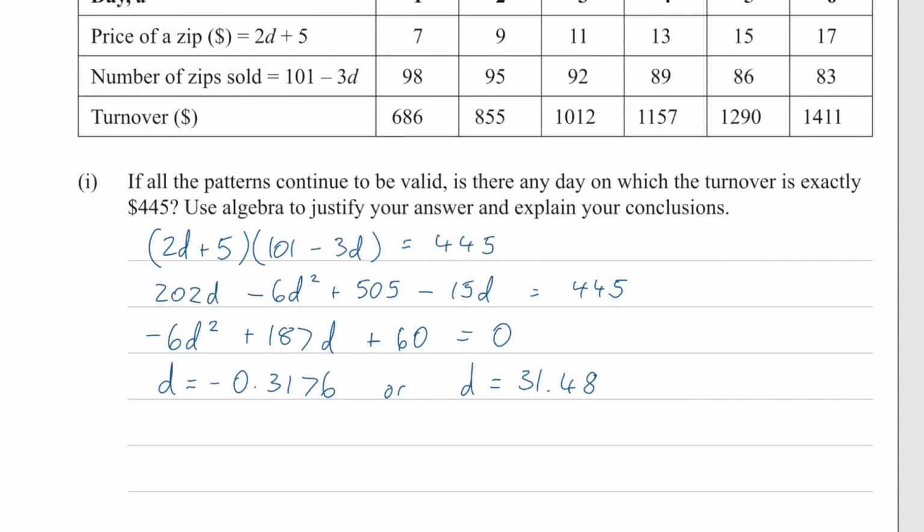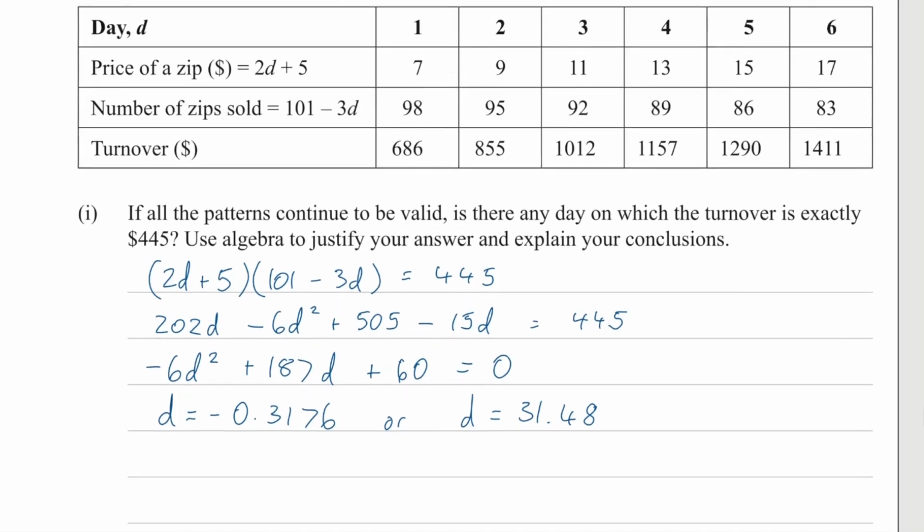Great. So does that make sense? The day that she'll get a turnover of $445 is negative 0.3 of a day. No, that doesn't make sense. Or 31.48 of a day. That kind of makes sense, 31 days and a half.